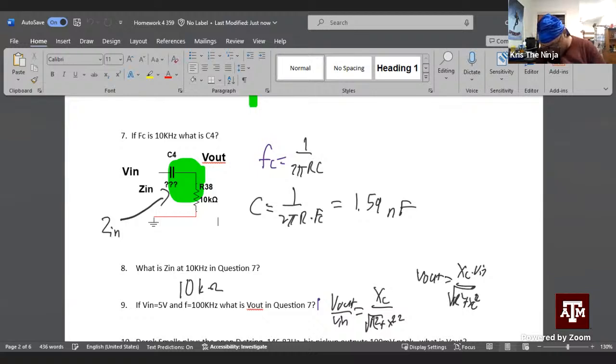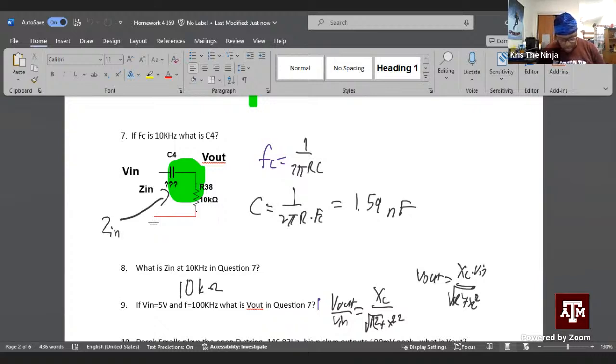So at 100 kilohertz, we have 100K times 2 pi times 1.59 nanofarads, which is 5915494.